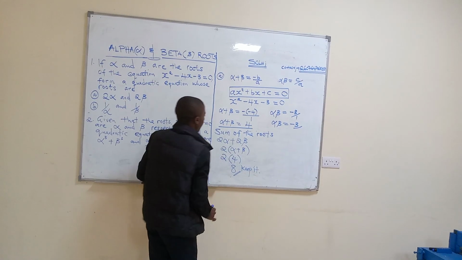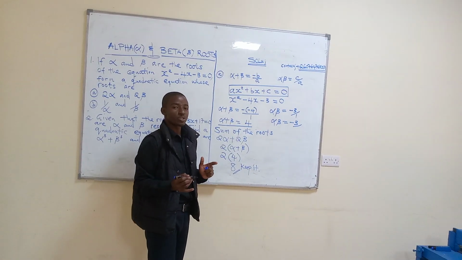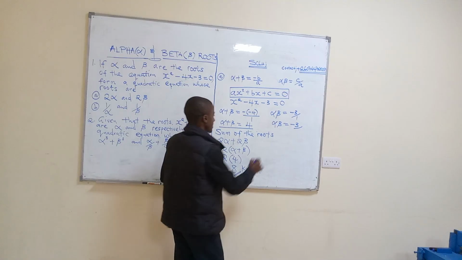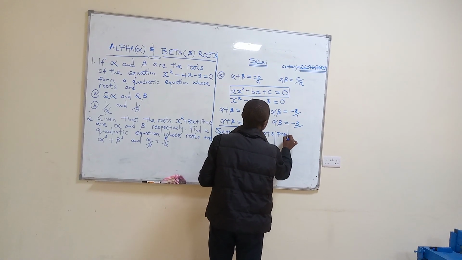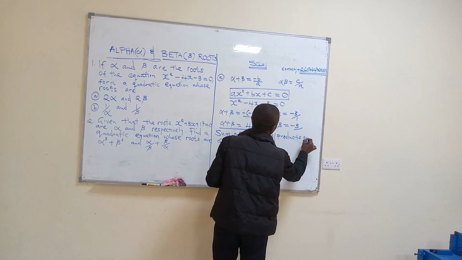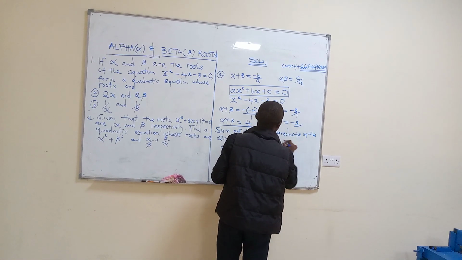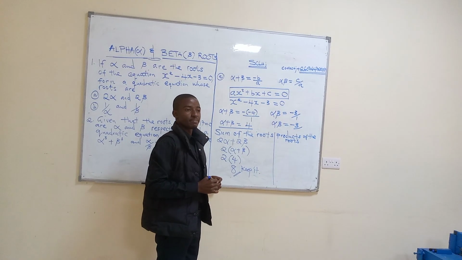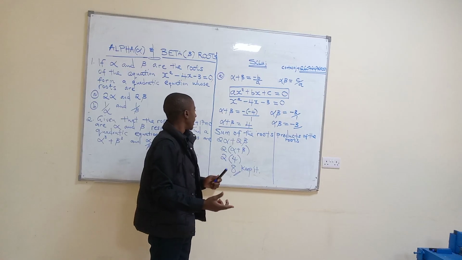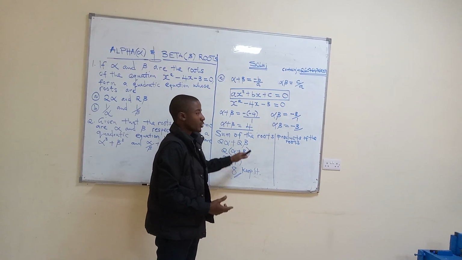And then from there you are going to find also the product of the roots. That simply means that you are multiplying 2 alpha and 2 beta.